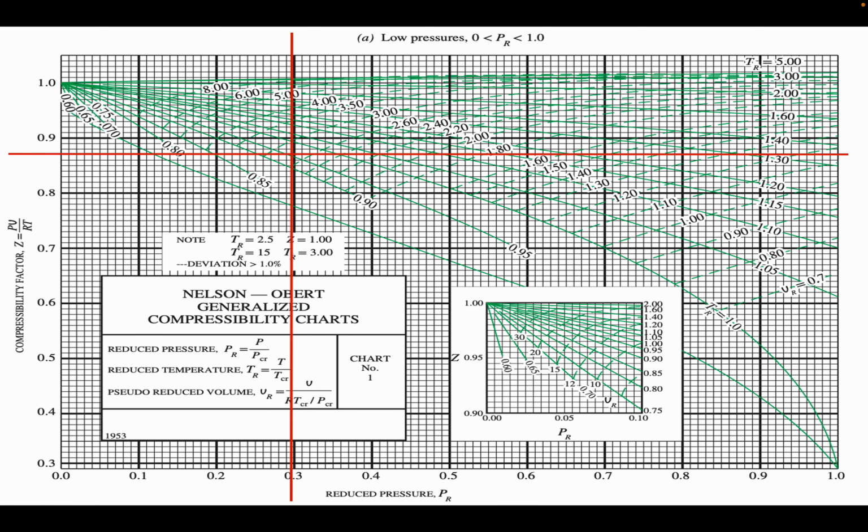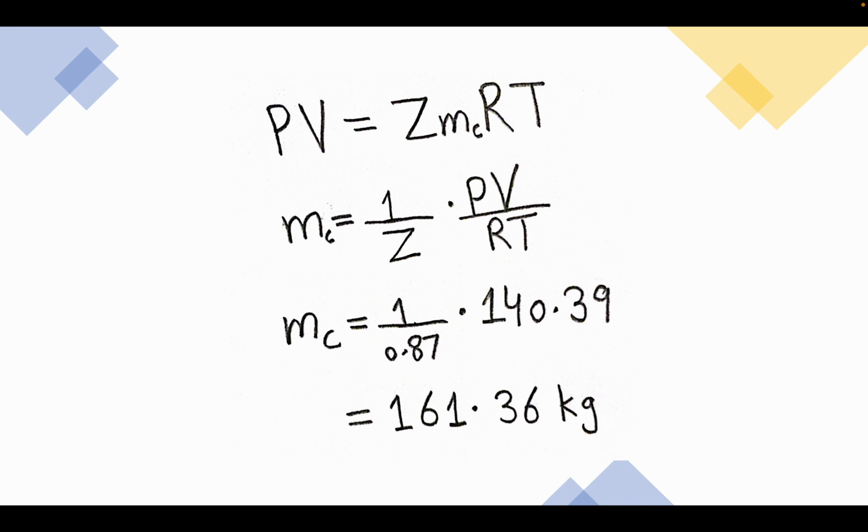So now we know our compressibility factor, so we'll use the equation PV equals ZmRT. We put m_c, where c stands for compressibility factor, since we're finding the mass using the compressibility factor.